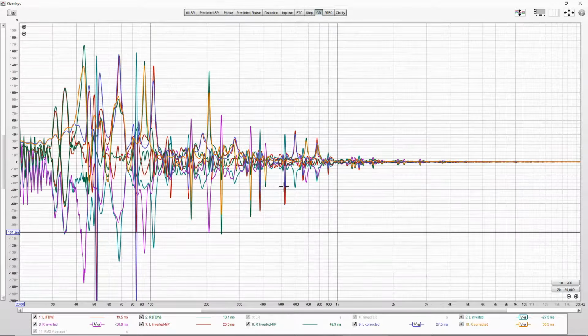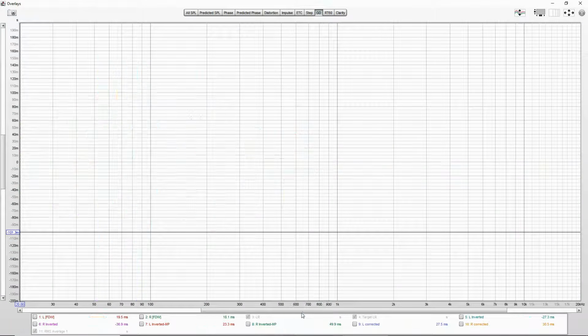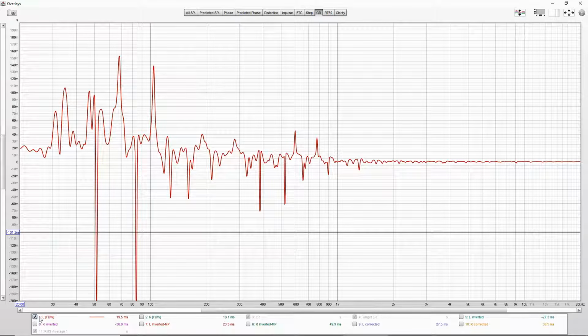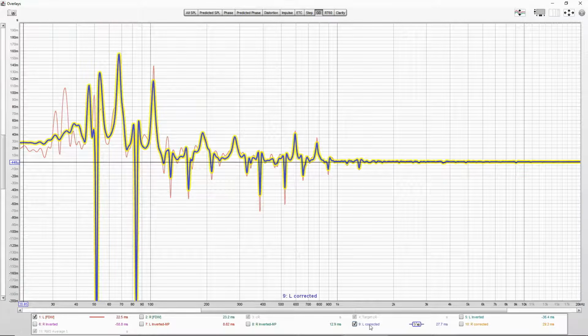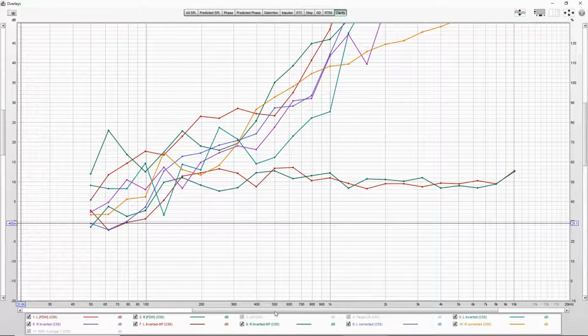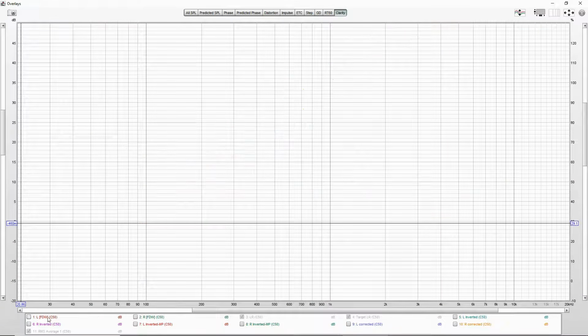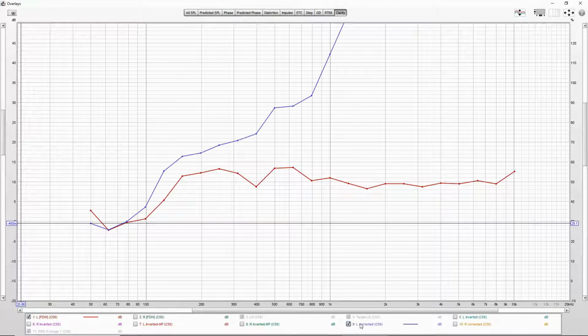Or group delay, also another important thing. This is the left speaker original, this is 0, and this is the corrected. Clarity, left versus left corrected.